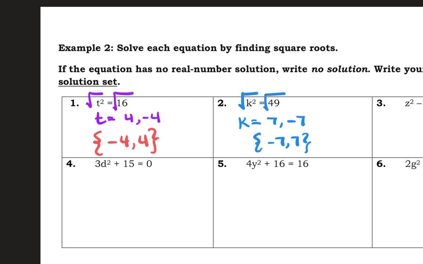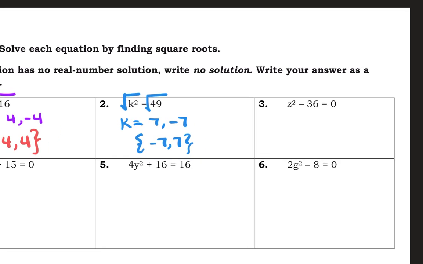Now, you could graph it just like we had been. If you prefer the graphing, you can do the graphing. We just want to make sure everything is always on this side. So let me just show you what you would do here. If you were doing this one, you'd have to move the 49 over. So what's the opposite of a positive 49? A -49. You'd have to subtract the 49 to this side.